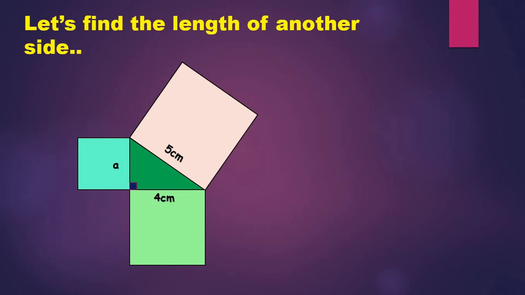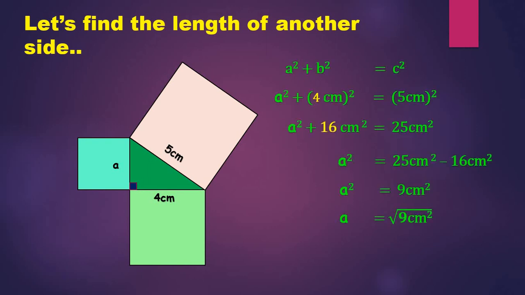Likewise, you can use the Pythagoras theorem to find the lengths of other sides of a right triangle. Follow the procedure given on the screen. Here, we can see that the length of the hypotenuse and another side is given. We need to find the length of the other side, which is given as a.